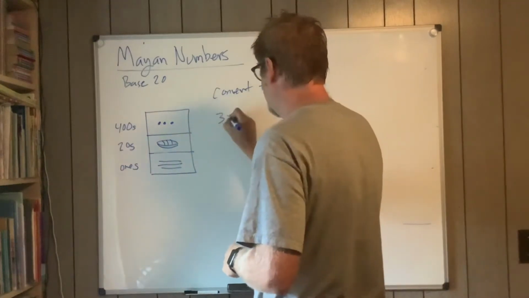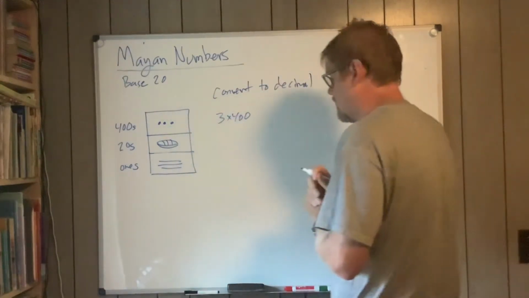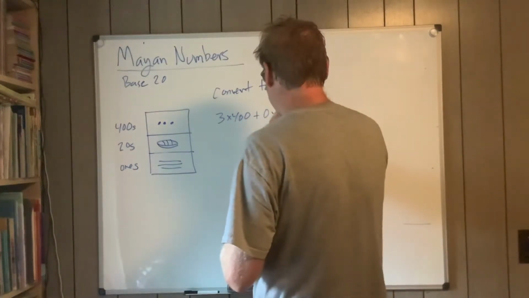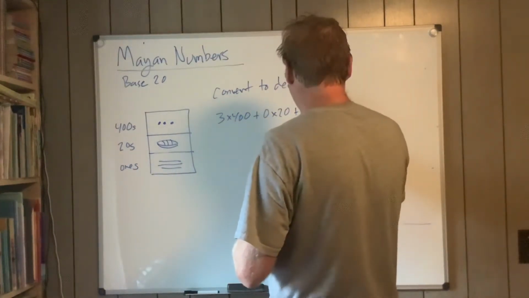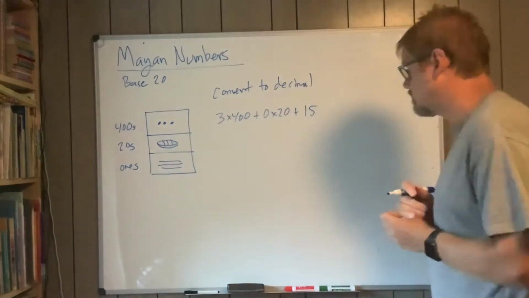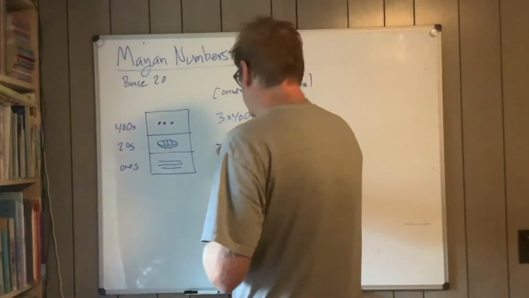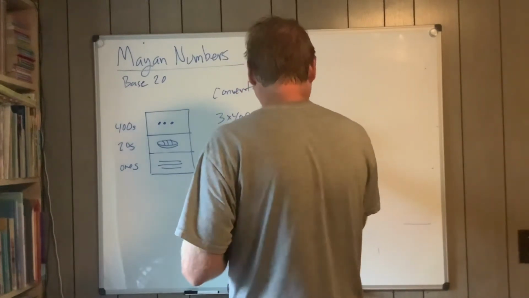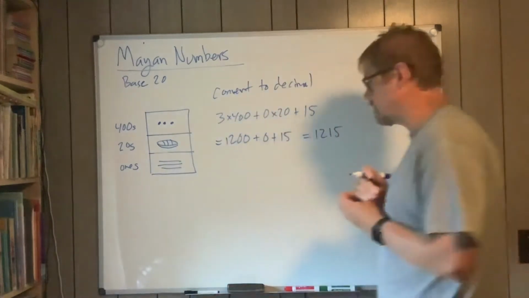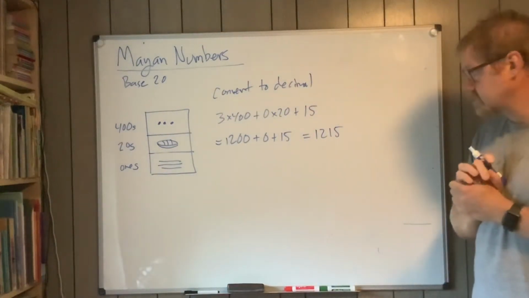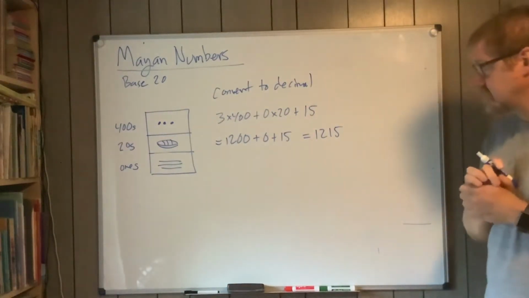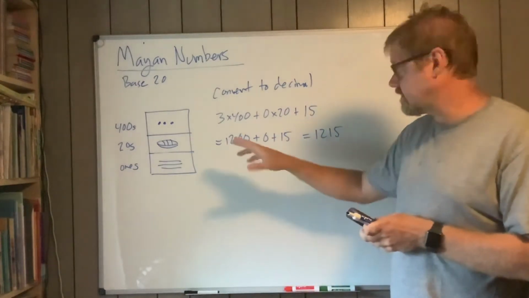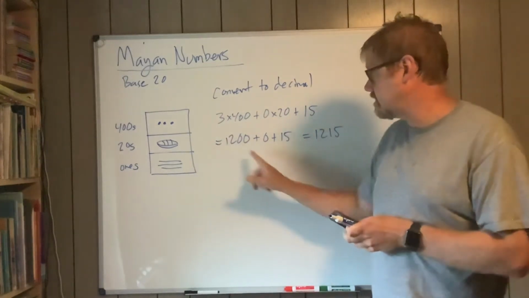There's 3 400s there. Remember the clamshell is 0, so I have 0 20s and 15 1s. So this is 1,200, plus 0, plus 15, which is 1,215. Hopefully with these two examples, it's fairly straightforward to go from Mayan to decimal.